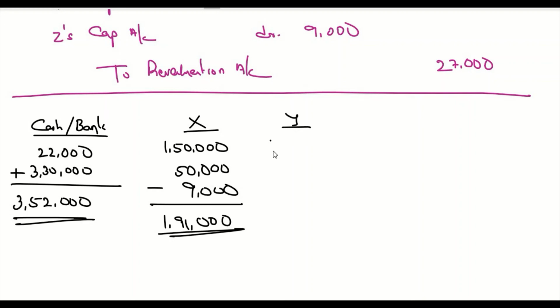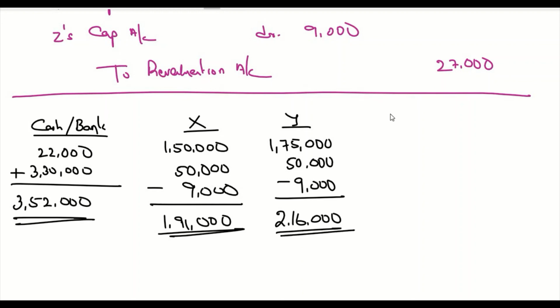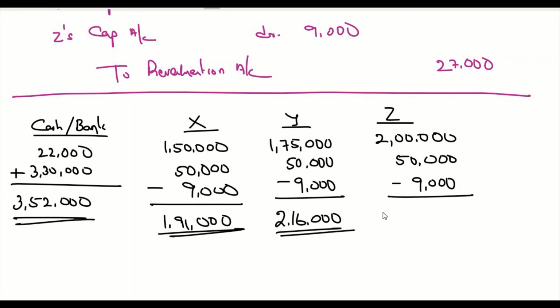Y, his original balance is 1,75,000. 50,000 he is going to get from the goodwill, and from revaluation minus 9,000. So that's going to be 2,16,000. For Z, his initial balance is 2 lakhs. From goodwill he is going to get 50,000. Then on revaluation it is minus 9,000. So it's going to be 2,41,000.